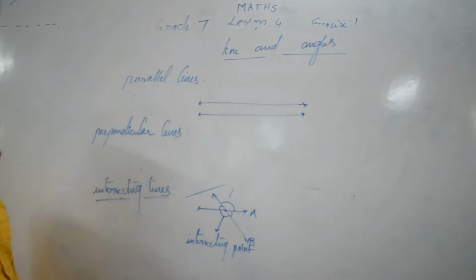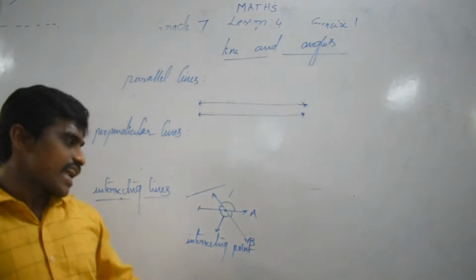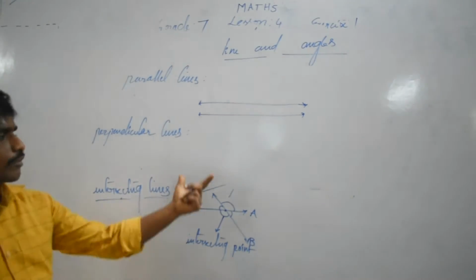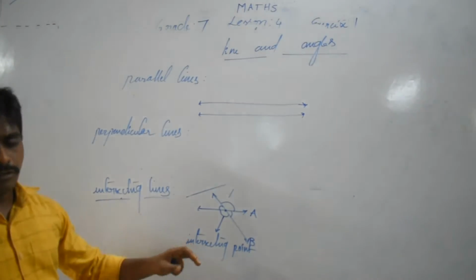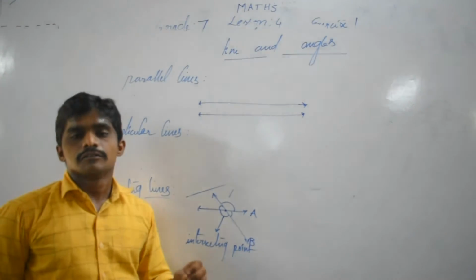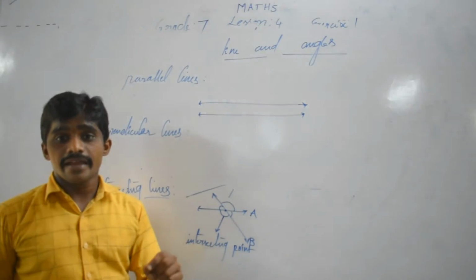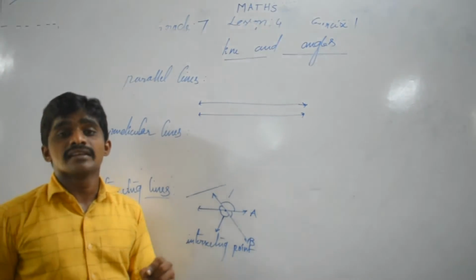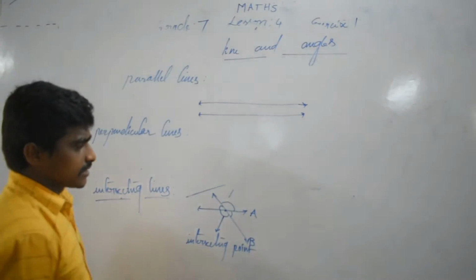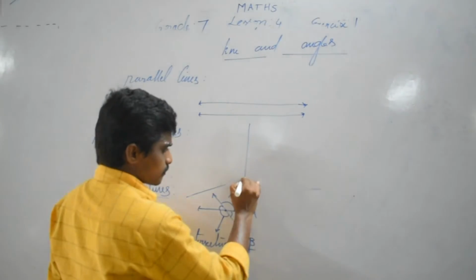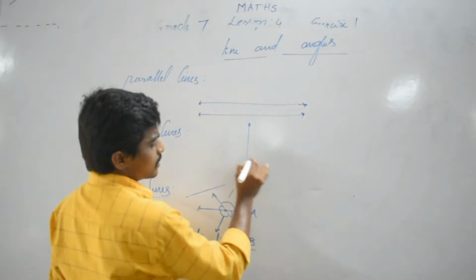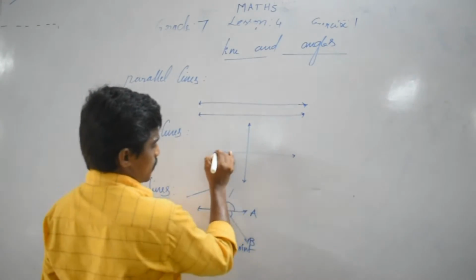What are perpendicular lines? Here, two lines joining or meeting at a point, their angle forming 90 degrees. See, this is one line, this is another line.